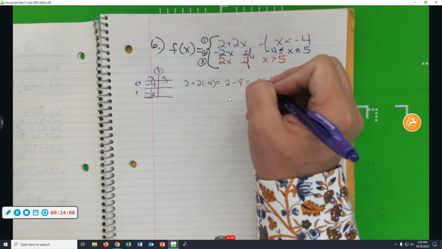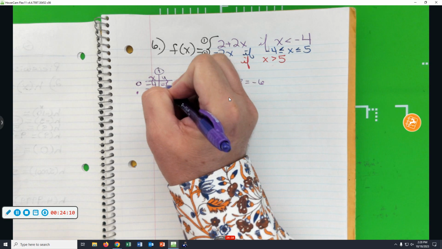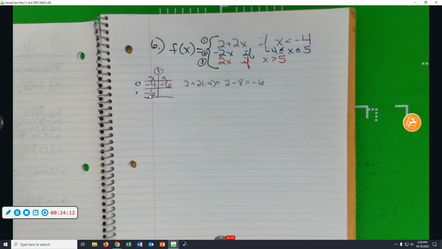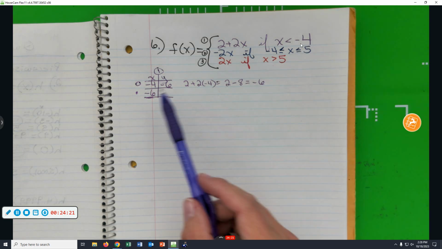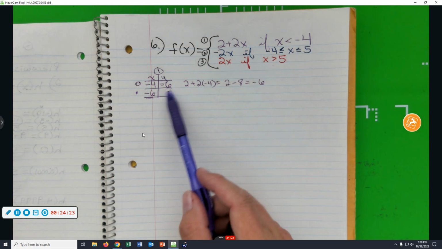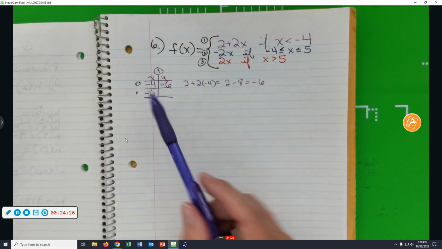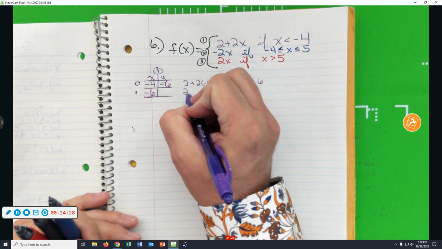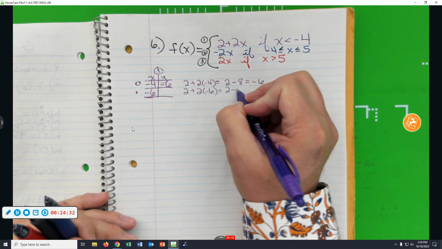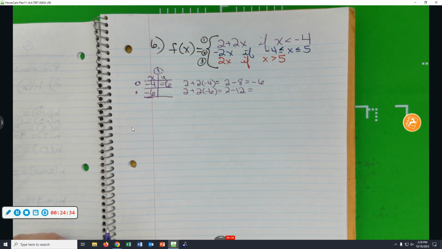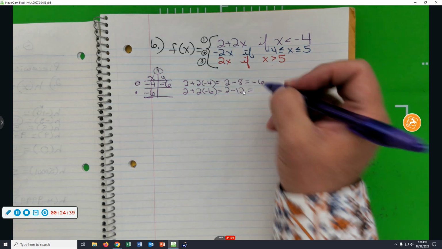And you just realize that this -6 has nothing to do with the other -6. I just wanted something a little further away from -4, but it's just a coincidence that those numbers are equal. Plug in -6. We're going to get 2 plus 2 times -6. That's 2 minus 12, which is -10.